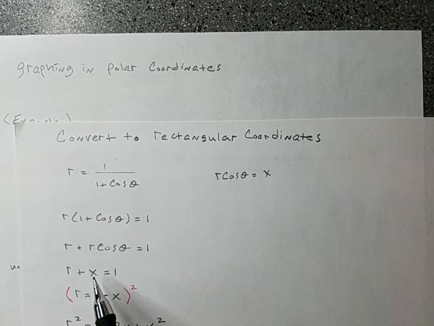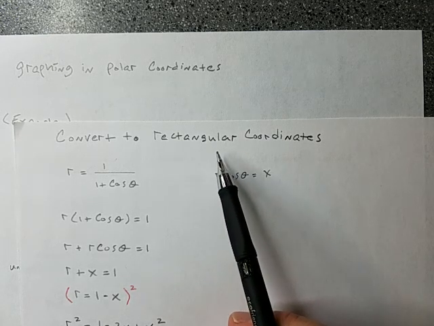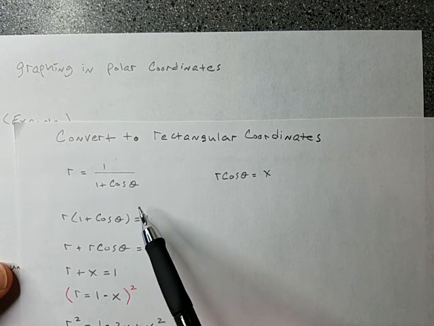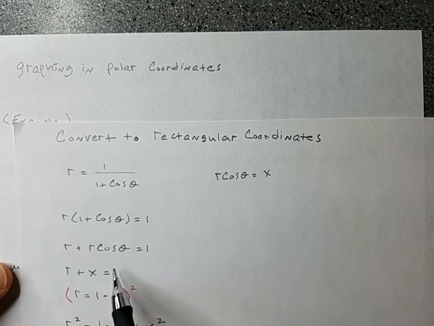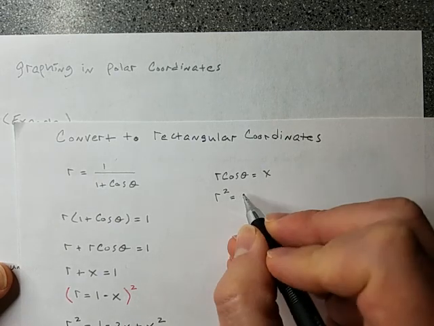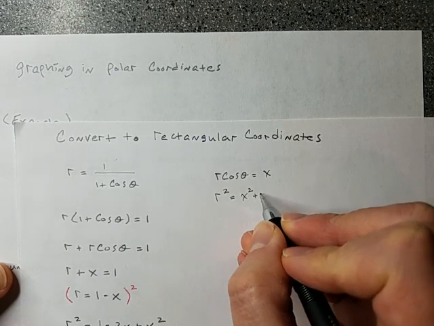You see the x. Now I'll move the x over to the right-hand side. And I see that I would have this isolated r. What am I going to do about that? If I'm going to convert this to rectangular coordinates, the r and the theta have to be gone, and I introduce only x and y. So what about r? What do we do with that? Well, remember that r squared converts directly to x squared plus y squared.